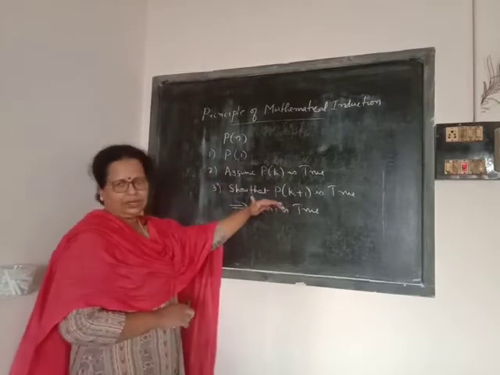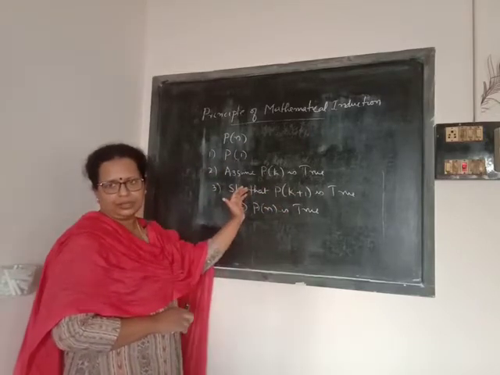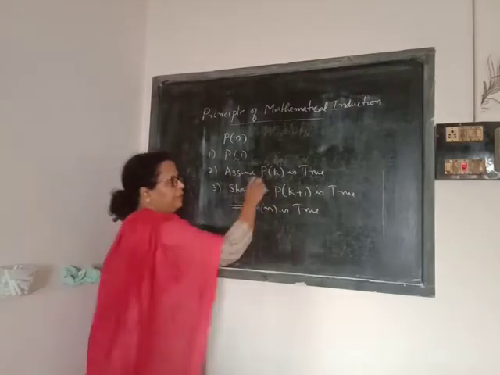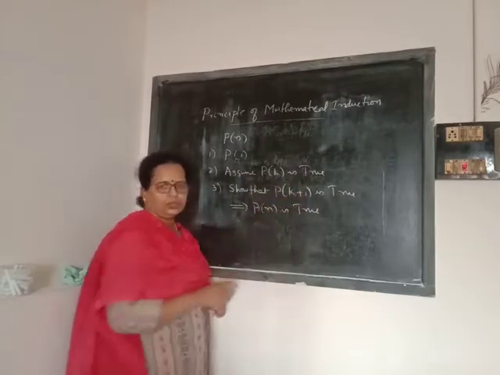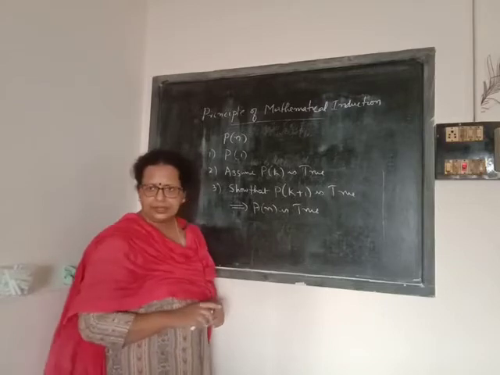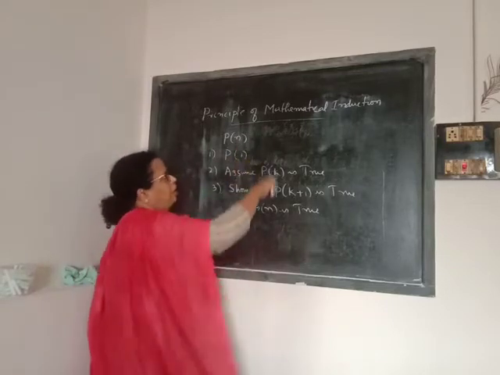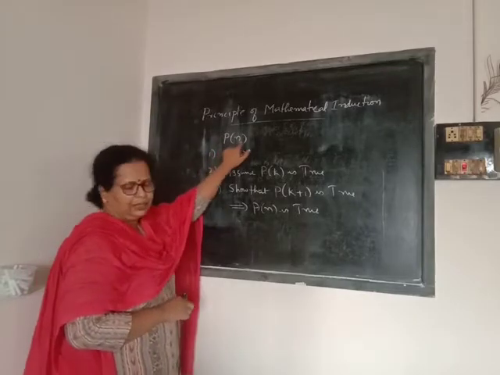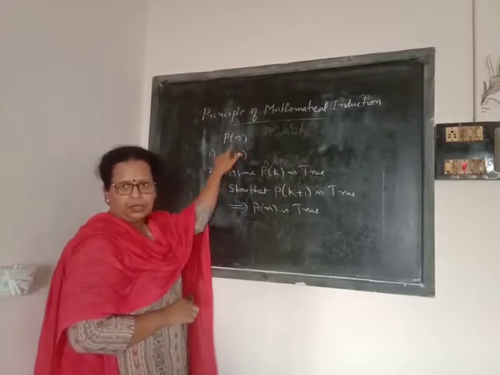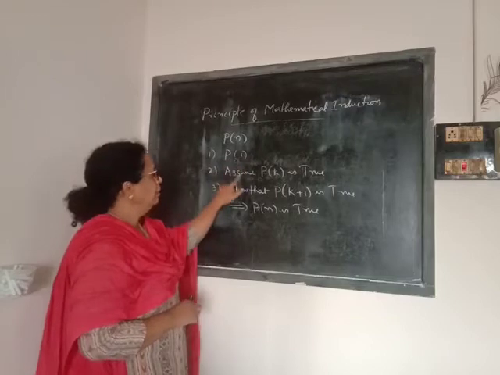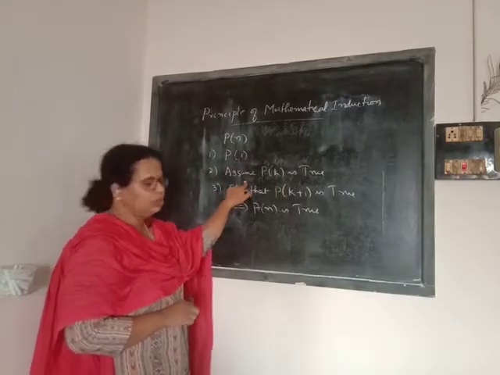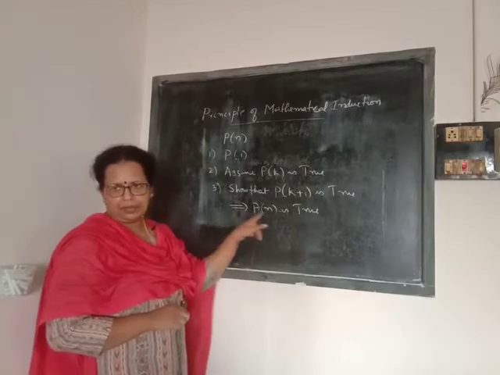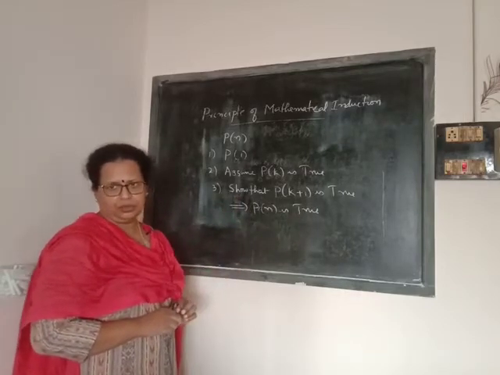For the next one, we have to show that it is true. It means for all the cases it is true. For an arbitrary case if it is true, for the next also it is true, means for all the cases it is true. This method is called mathematical induction. What are the steps? Take the given statement as P of n, prove for P of 1, assume P of k is true, show that P of k plus 1 is true. Hence by mathematical induction the result follows.